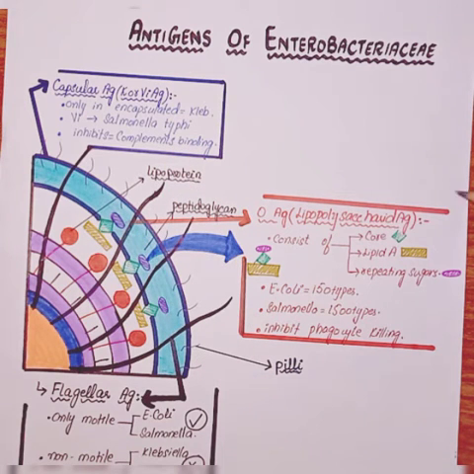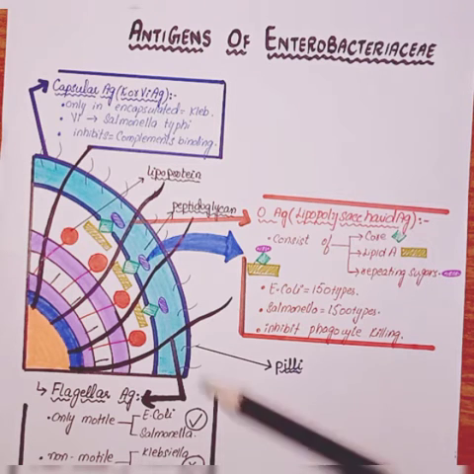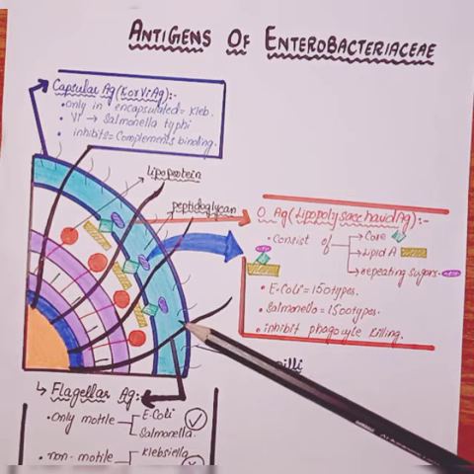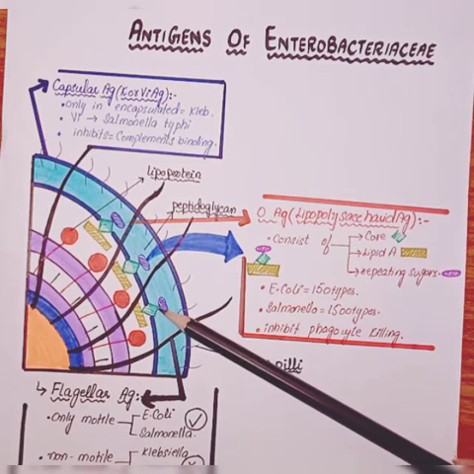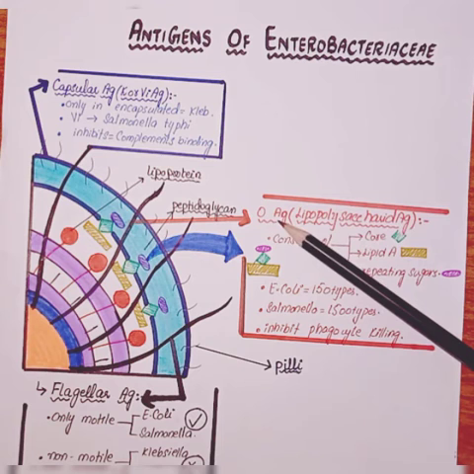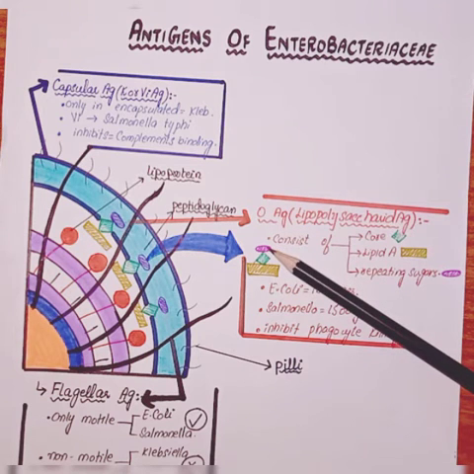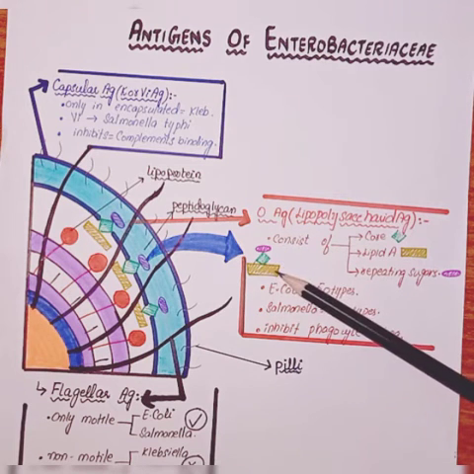Now let's move to the next, that is the O antigen or lipopolysaccharide antigen or somatic antigen. Basically, it consists of three units: core, lipid A, and repeating oligosaccharide sugars. In blue it is the capsular antigen, but these three subunits make up the O antigen, that is basically the repeating sugars, core, and lipid A. We have different numbers of O antigens in different Enterobacteriaceae family members.